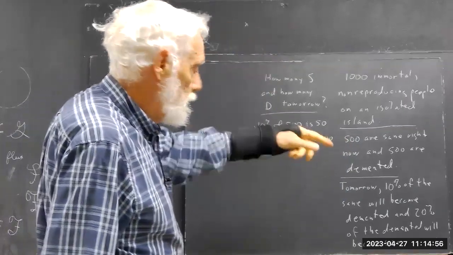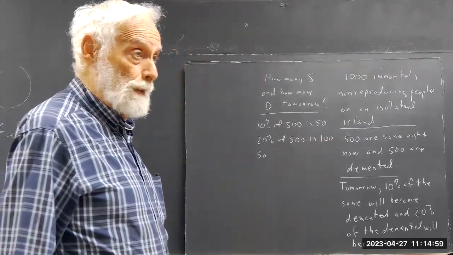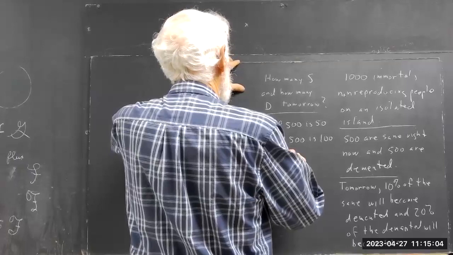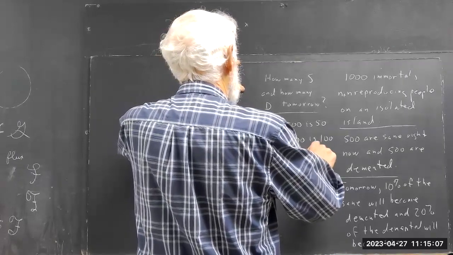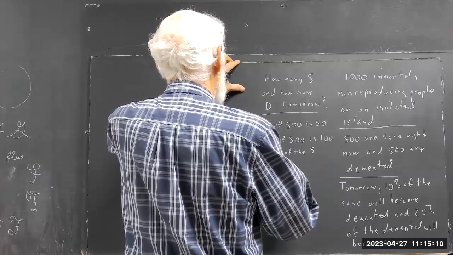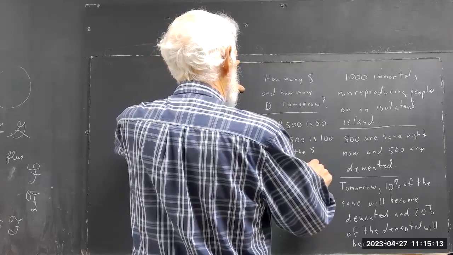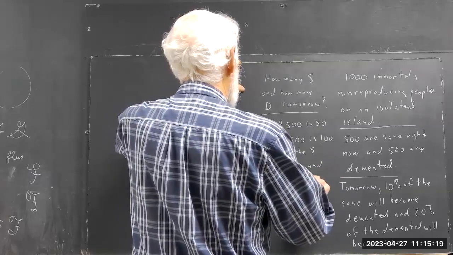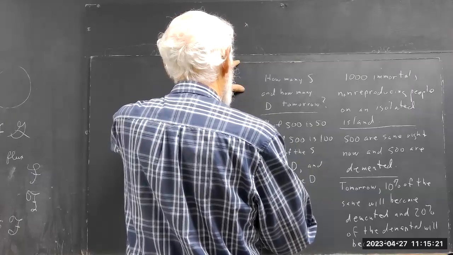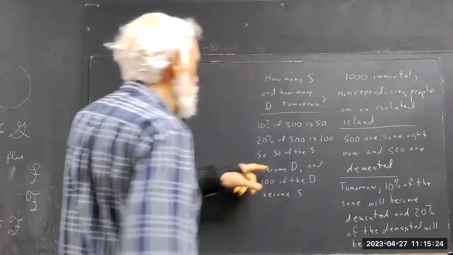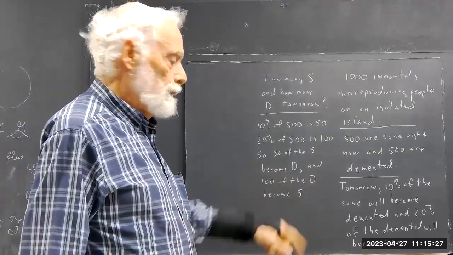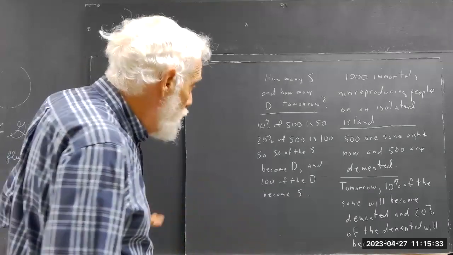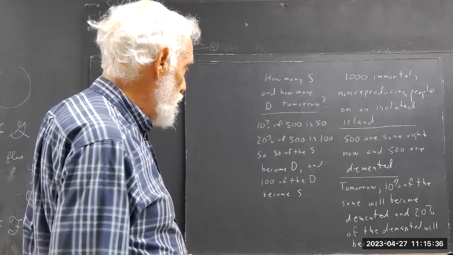Ten percent of 500 is 50, 20% of 500 is 100. So 50 of the sane become demented, 100 of the demented become sane. Okay? So how many sane and how many demented are we gonna have?